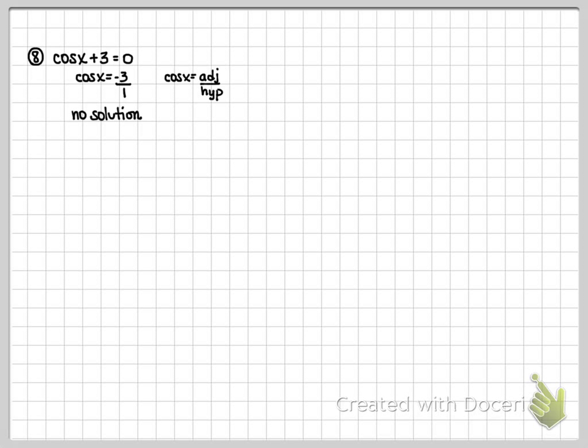So I'm not even looking at the positive or negative sign on this. I'm just looking at the absolute value of the top and the bottom. 3 is definitely larger than 1, which means you're looking for a triangle where the adjacent side is larger than the hypotenuse, and that doesn't make any sense. This has no solution. There is really nothing for us to do here.